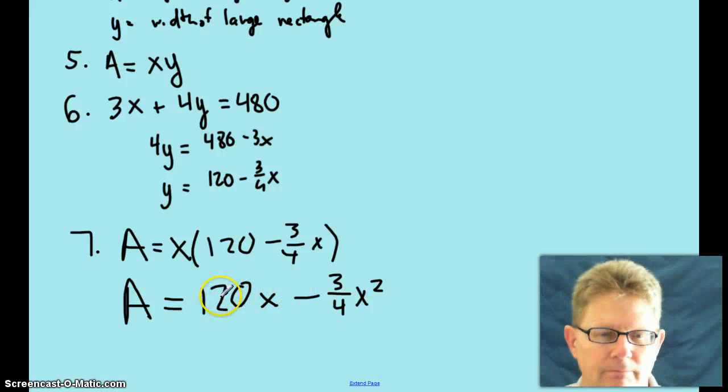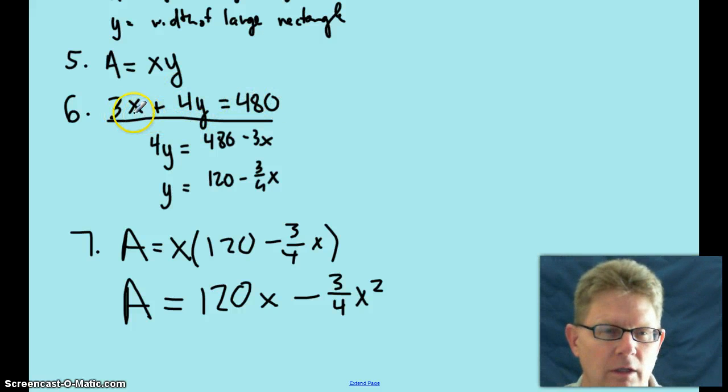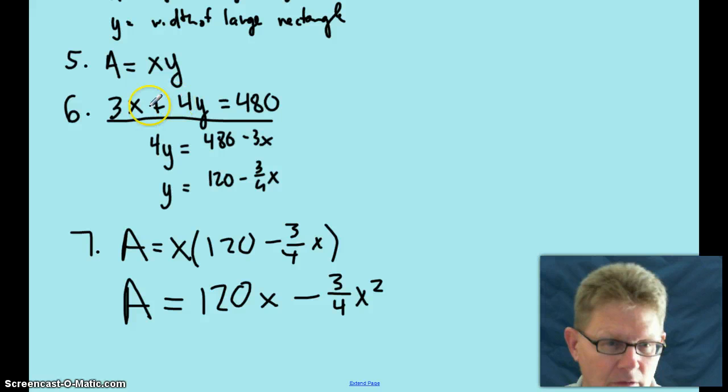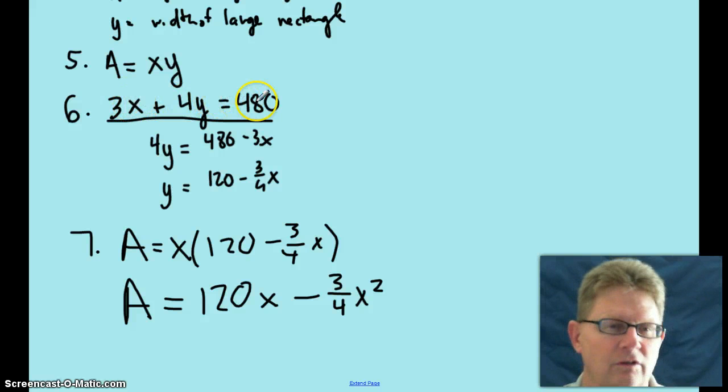Okay. Well, if x is 0 here, then y is 120, and then if y is 0, then x is 160.